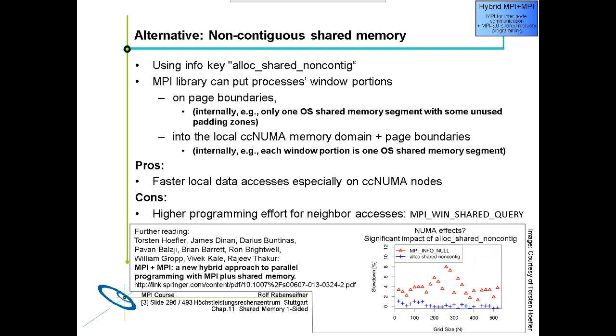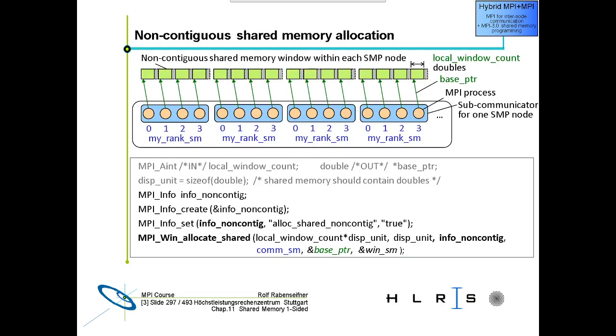So we are having this benefit in terms of performance, but still it is a bit trickier to access the memory, because we are not having the same base address anymore in all the processes. We are going to take a look at this right now.